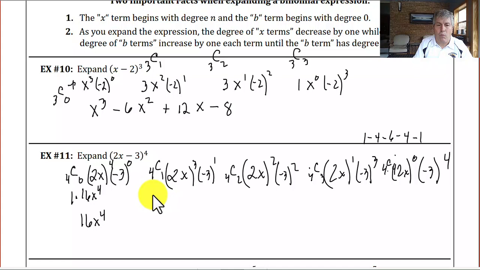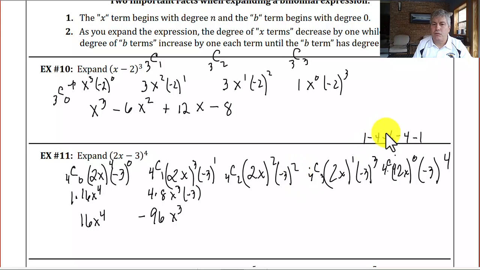4 choose 1 is 4, so we have 4 times 8x cubed, and negative 3 to the first, well, that's times negative 3. So 4 times 8 is 32, times negative 3, and we get a negative 96x to the third.